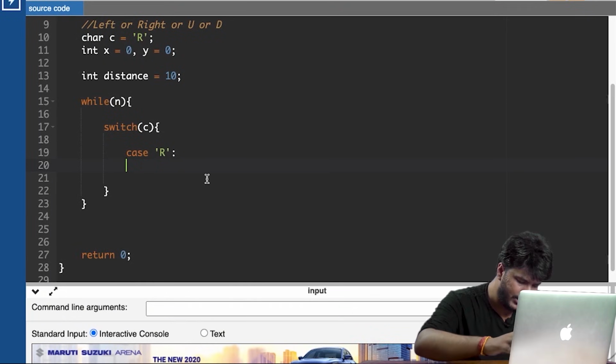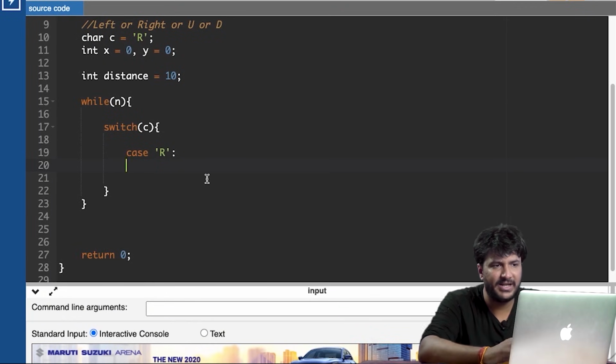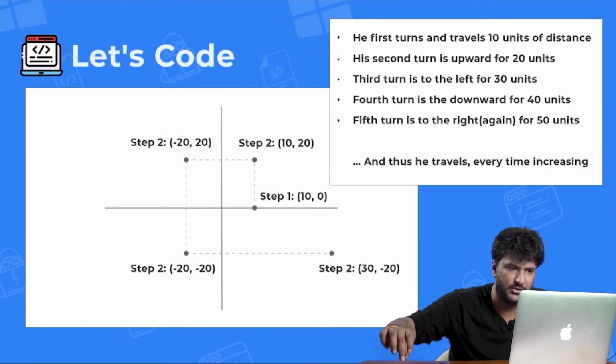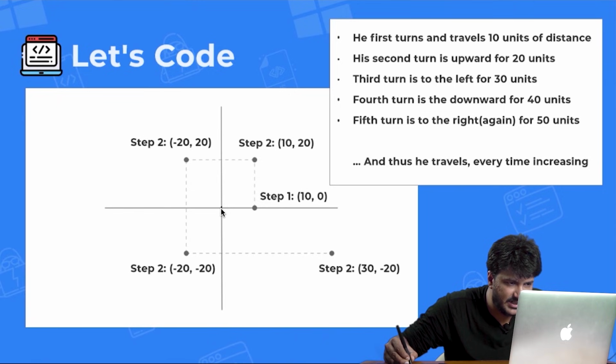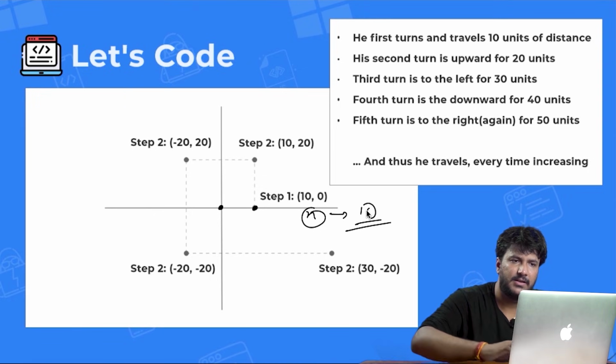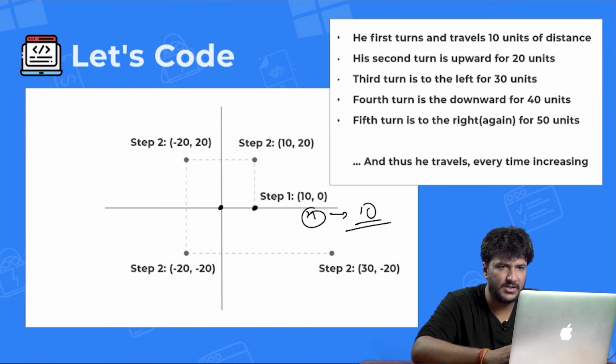Moving right means, give me 1 second, I'll just demonstrate this to you as well. He started at the 0 0 position, so moving right 10, basically only my x value is getting incremented by 10.